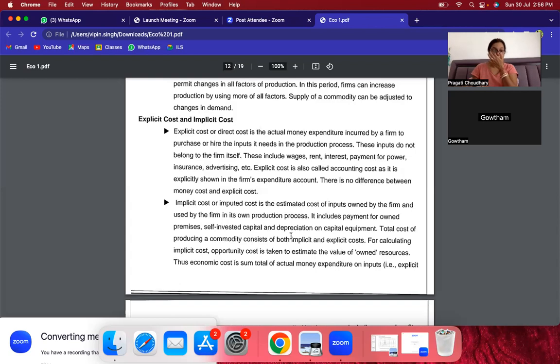For calculating implicit cost, opportunity cost is taken to estimate the value of own resources. If you want to calculate the implicit cost, I took the example of that structure. Let's suppose that that structure would have earned me 2 lakh if I had given it for rent.